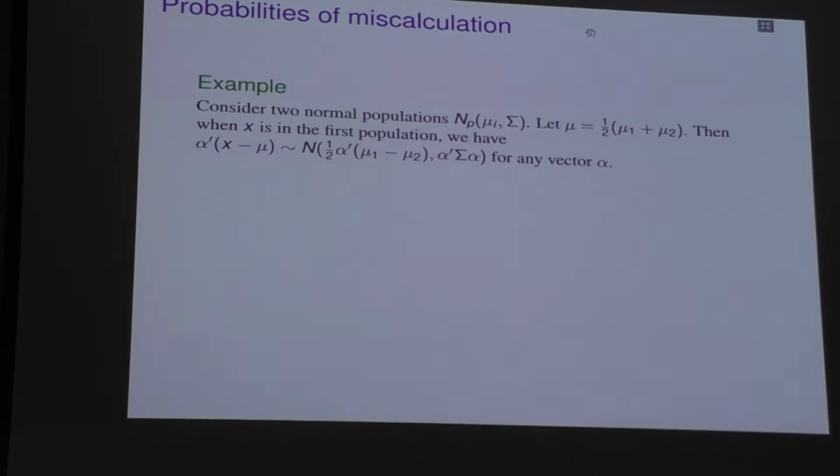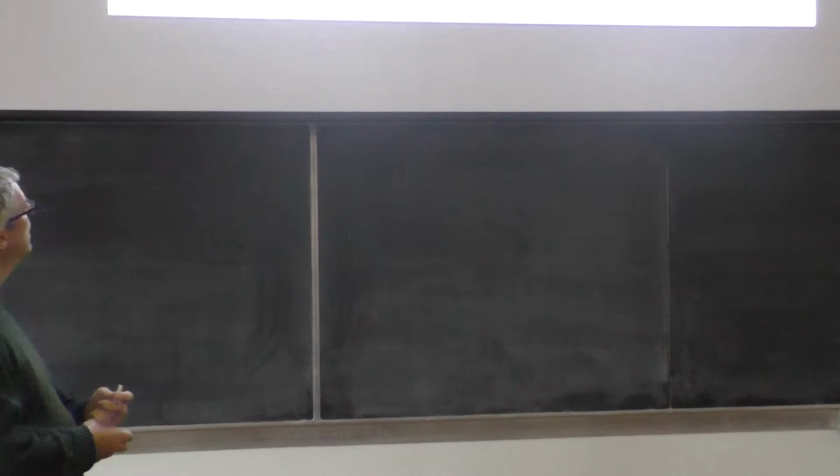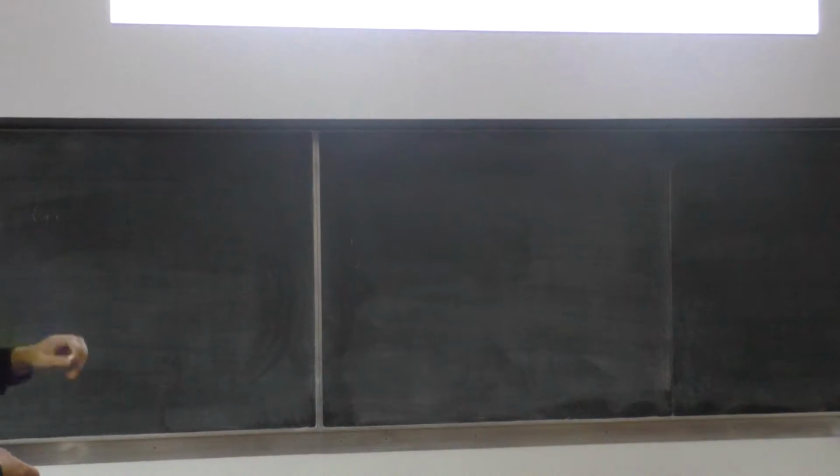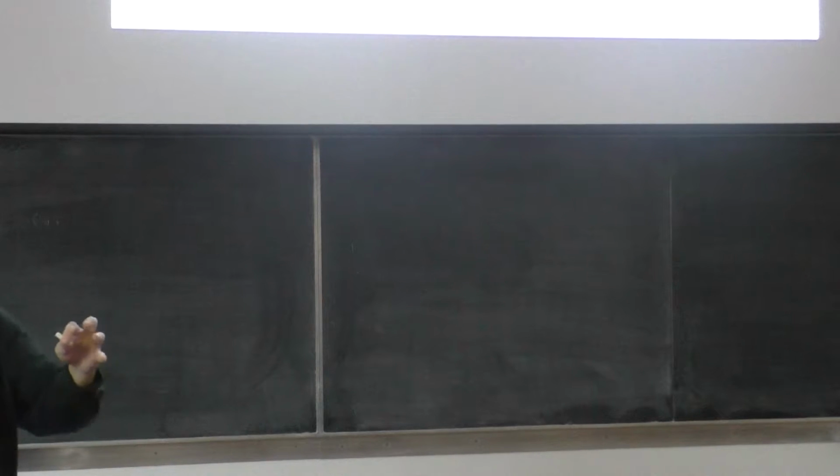And we'll let mu be our midpoint again of our two means. And we can ask ourselves, for any vector alpha, we can project everything onto alpha, and how is alpha dash of x minus mu being distributed? Let's write it again.